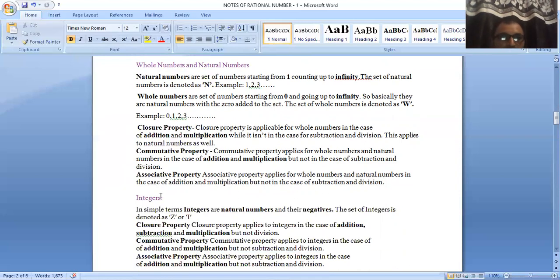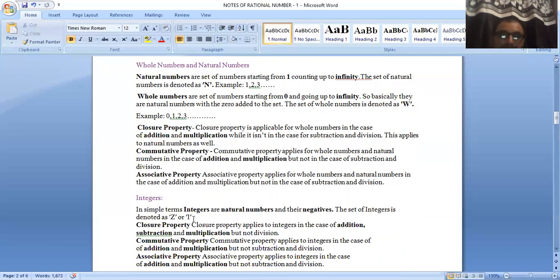Clear? Now third is integers. In simple terms, integers are natural numbers and their negatives. The set of integers is denoted by Z. We can say the positive and negative natural numbers including 0 are known as integers.